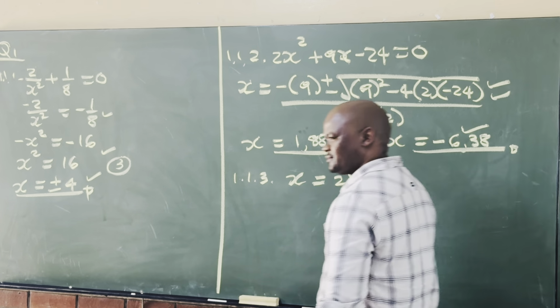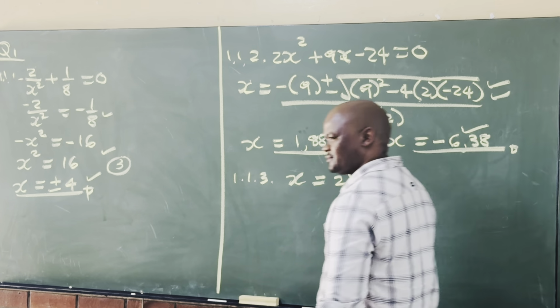That will be x squared minus 6x plus 9 is equal to, not 2, 4x. Standard form, then this will be x squared minus 10x plus 9 is equal to 0.